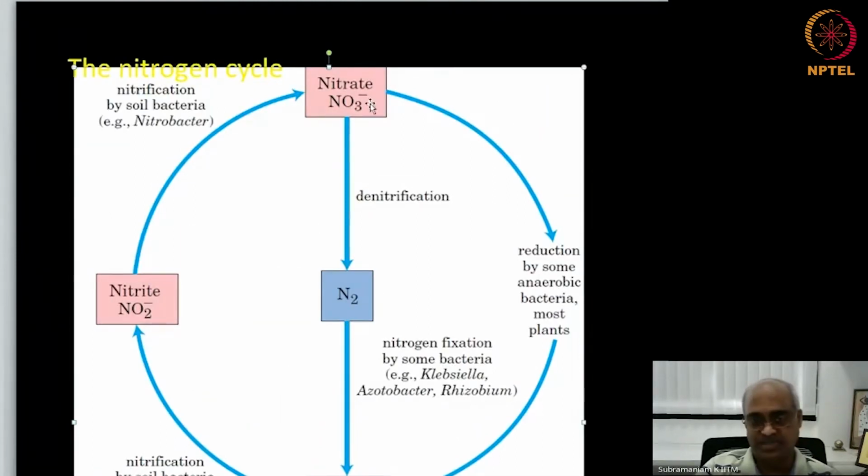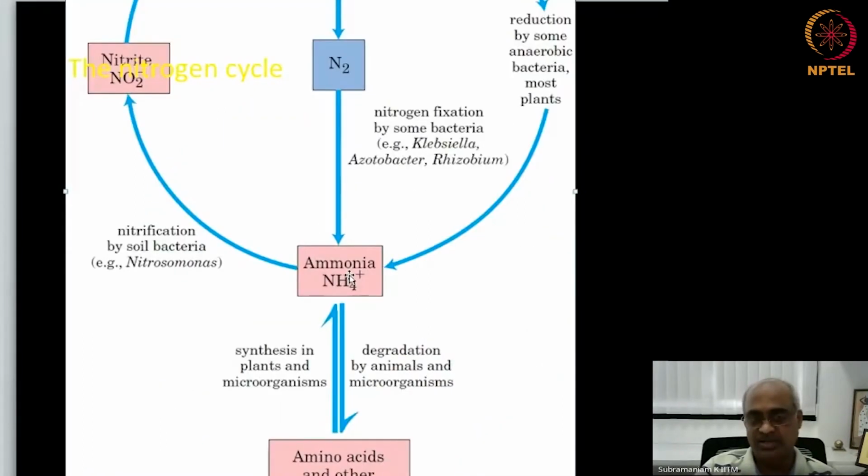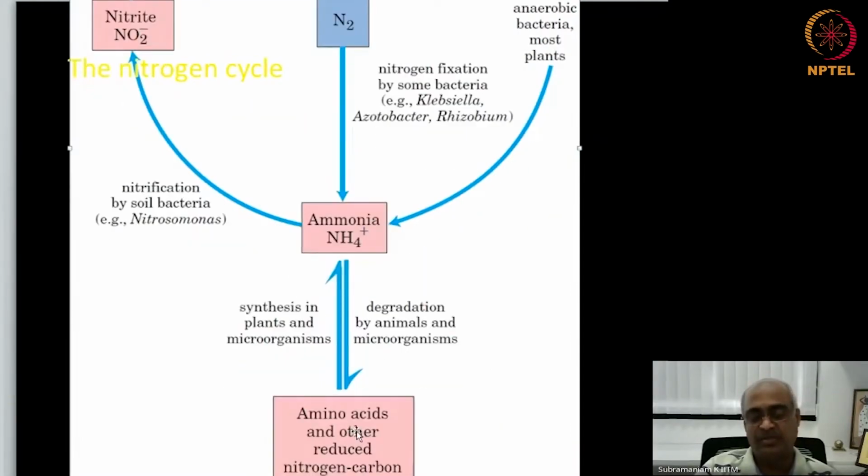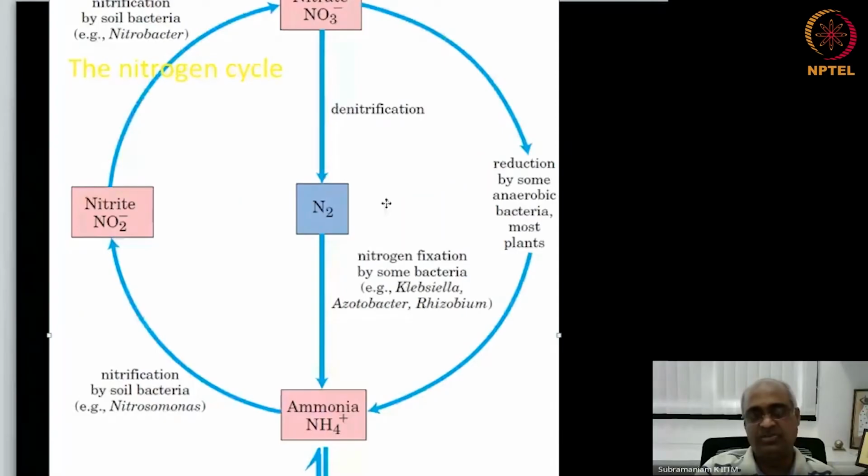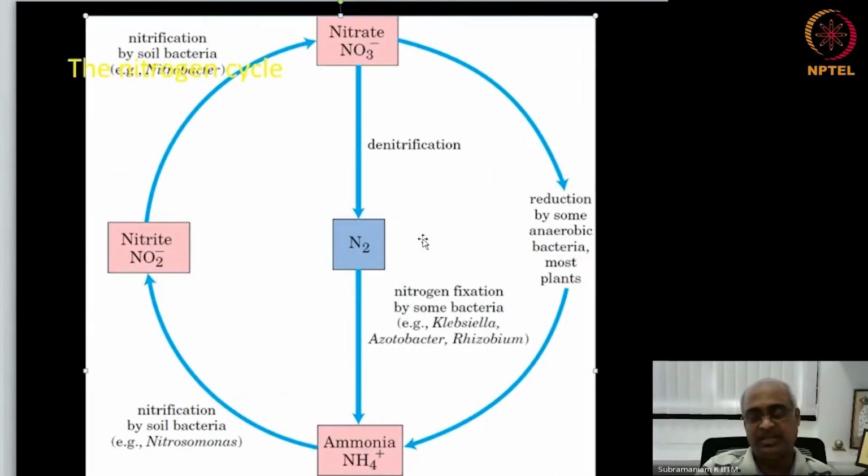We do not use nitrate. We do not use ammonia either. We only use it in the form of amino acids given to us by the plants. So anyone who thinks you get your protein from meat should think again. Animals get the protein from plants.